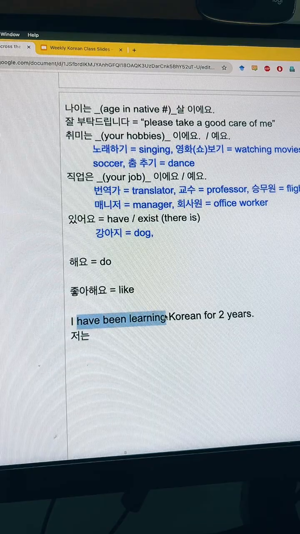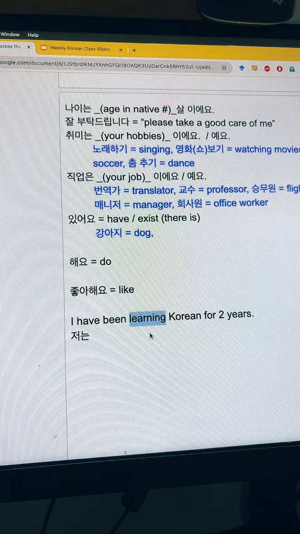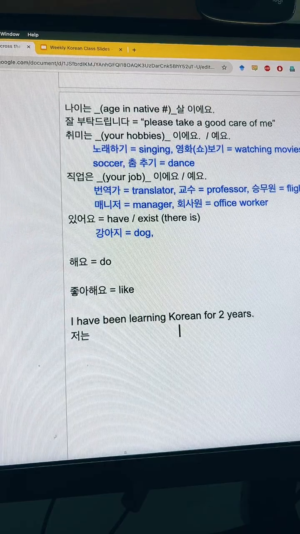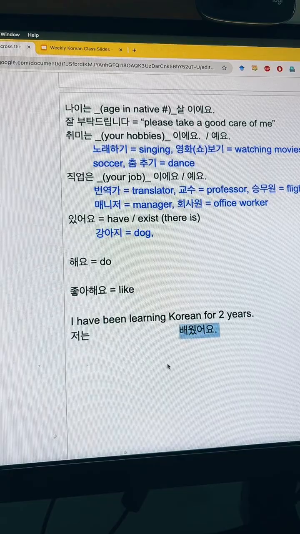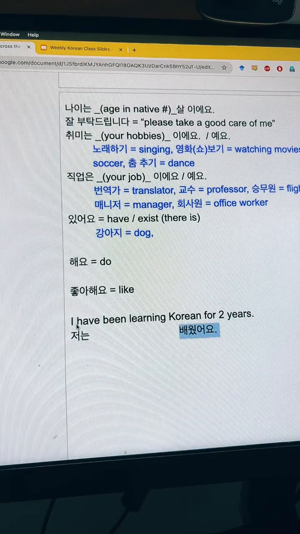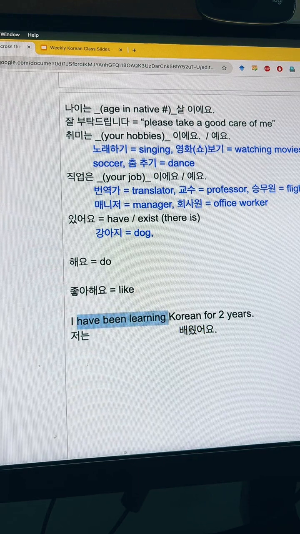Have been learning. So what's the main verb here? Learning, right? And the verb, where does it go? It goes at the end. To keep it simple, 배웠어요. 배웠어요 means I learned. Have been learning is just basically a past tense of learn, right? So keep it simple. 배웠어요.